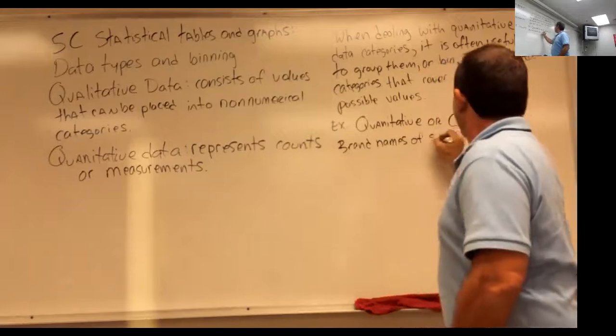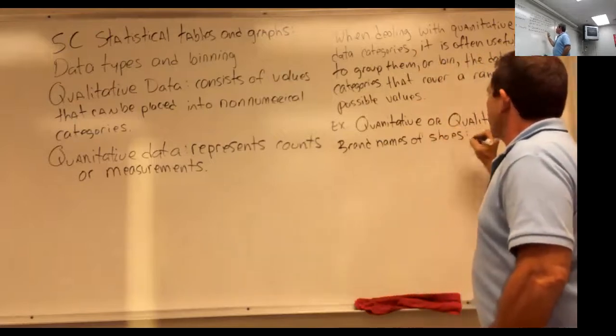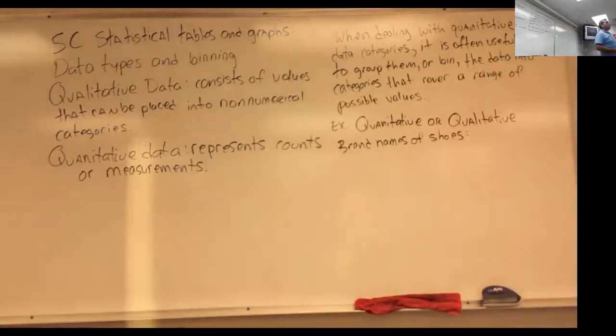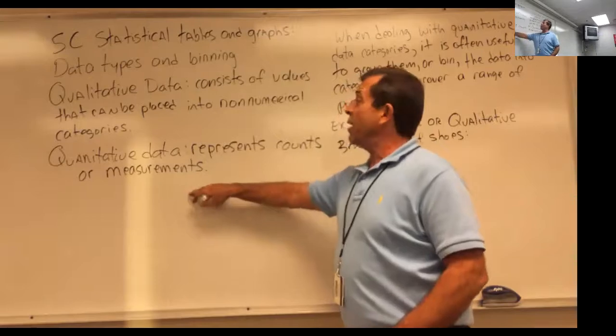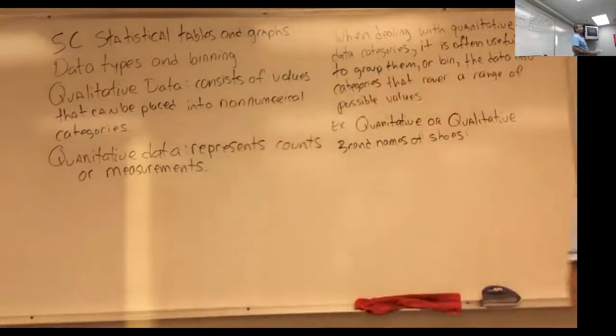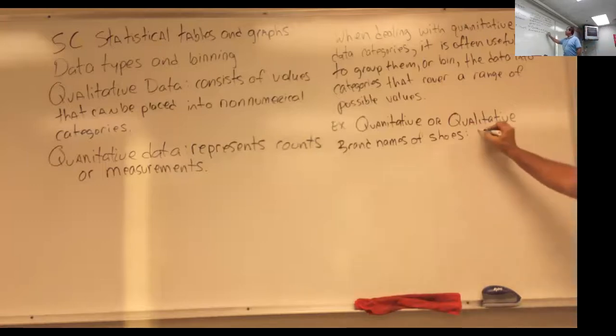So the question is, do you measure stuff for brand names? Because for this to be quantitative, it's got to have some kind of counts or measurements, right? Brand names are just telling me who made the shoes, basically. It's not giving me any data to compare anything. So this would definitely be qualitative. There you go.